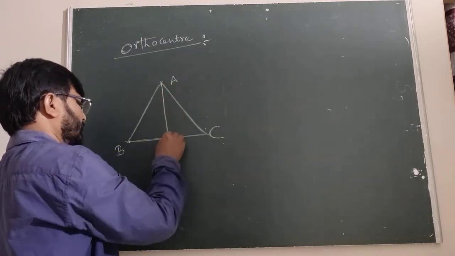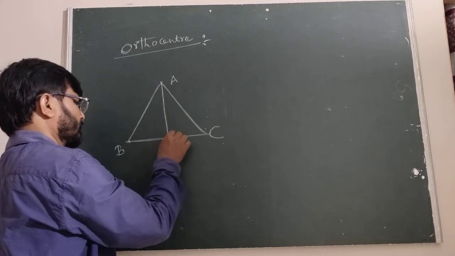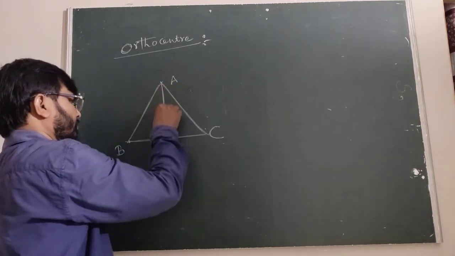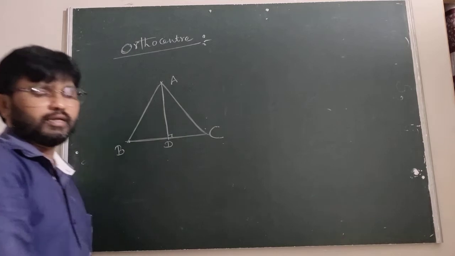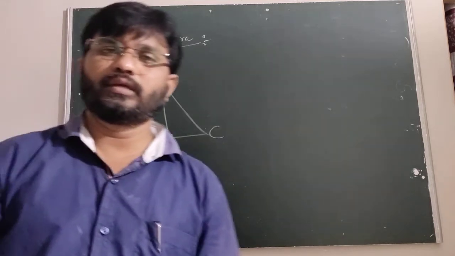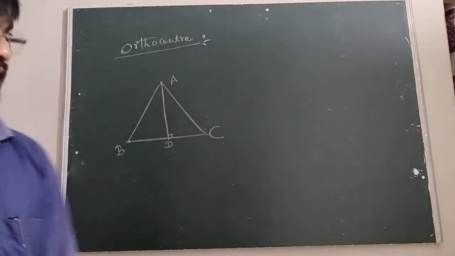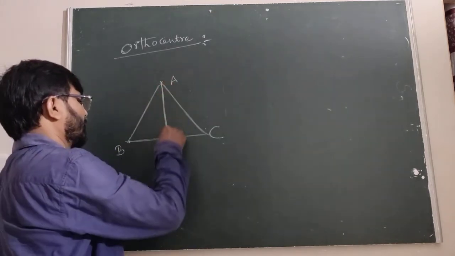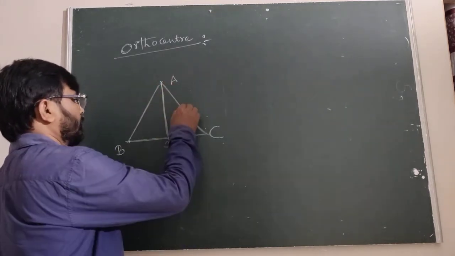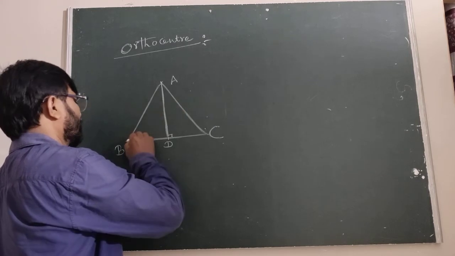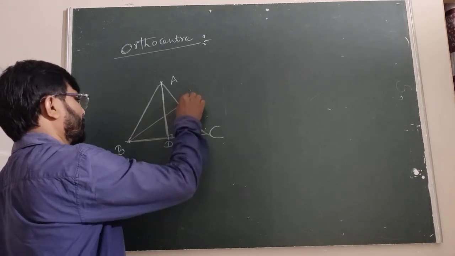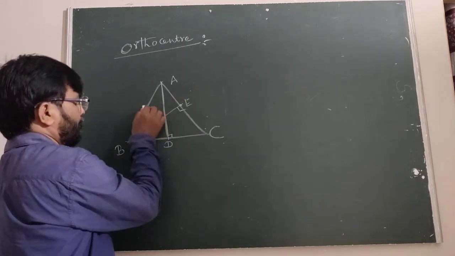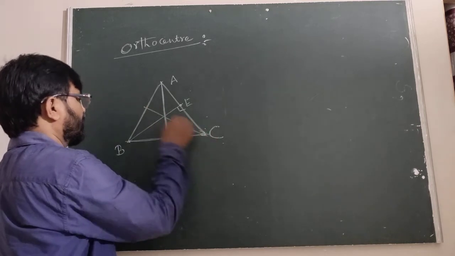This is called the altitude: a line segment passing through the vertex and perpendicular to the opposite side is called the altitude. Now another altitude is this one. This is the third altitude.